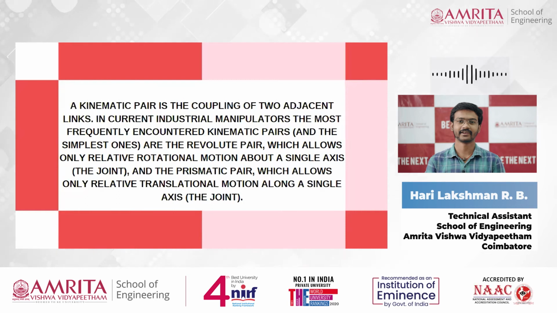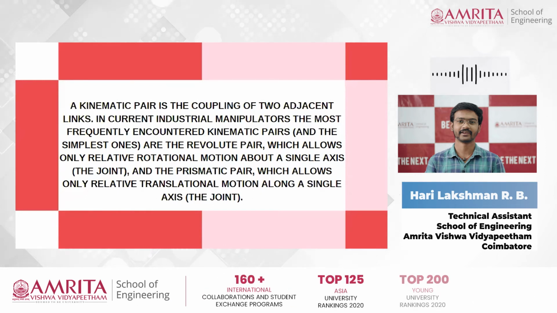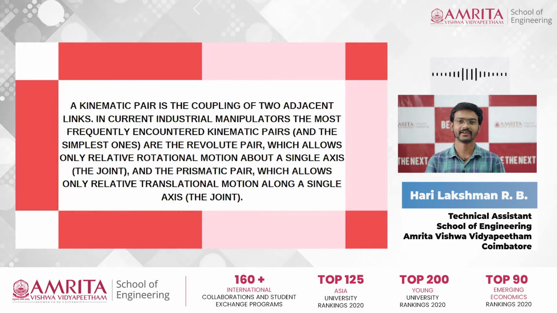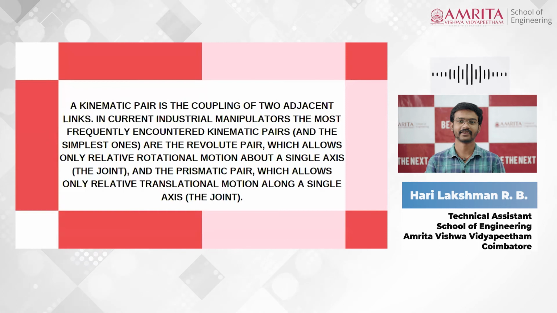So this explains what a kinematic pair is and how to determine its location and its motion using the two aspects of dynamics, motion and force. We can use motion and force to determine the position or orientation of the kinematic pair.